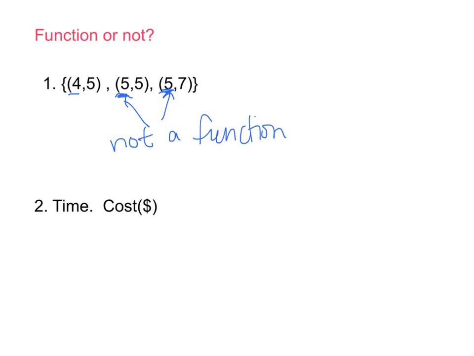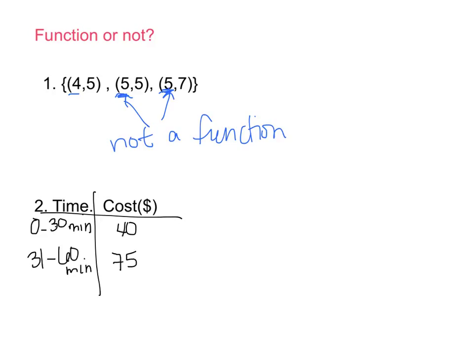So if we look at this table, it says between 0 and 30 minutes, the cost is $40, and between 31 to 60 minutes, the cost is $75. I want us to decide, is it a function or not? So, do you have any ideas?